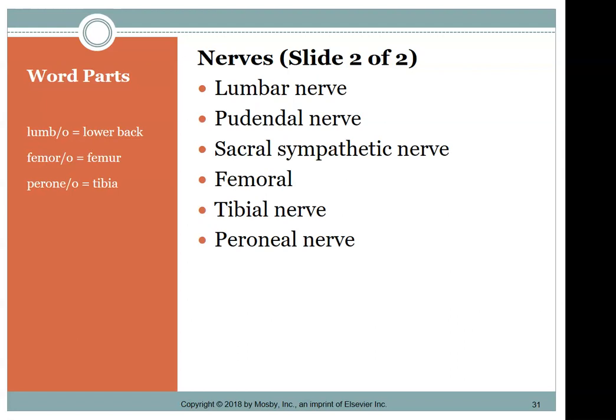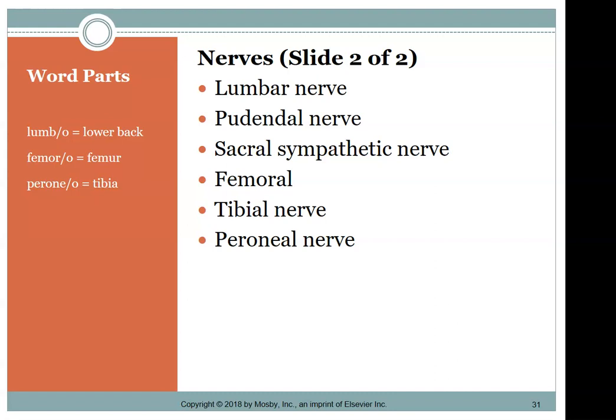The lumbar nerve is used to code the superior clunial and the lumbosacral trunk, whereas the pudendal nerve is used to code the posterior labial or posterior scrotal nerves. The sacrosympathetic nerve is used to code the ganglion impar, also called the ganglion of Walther, the pelvic and sacropelvic nerve, and the sacral ganglion.